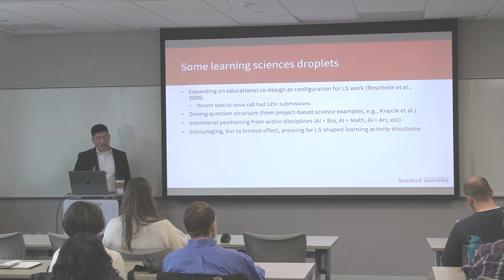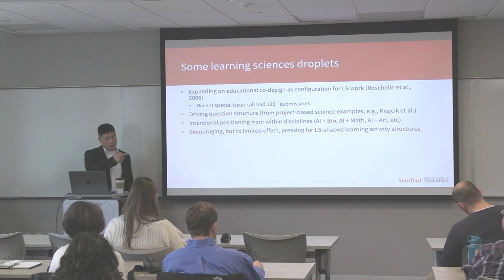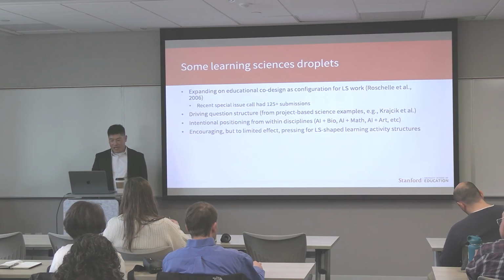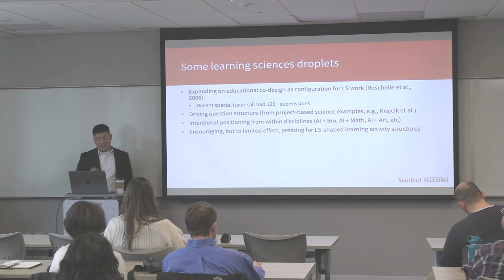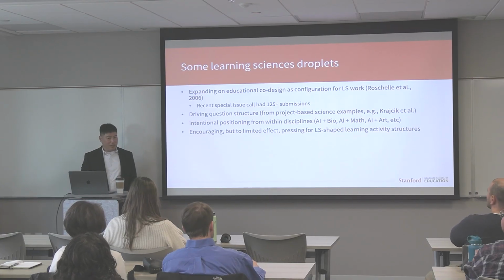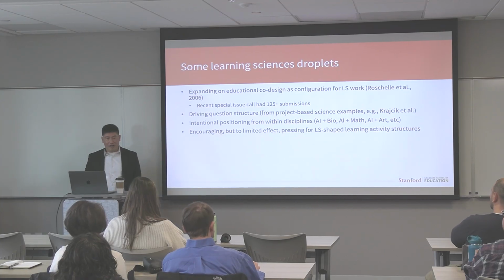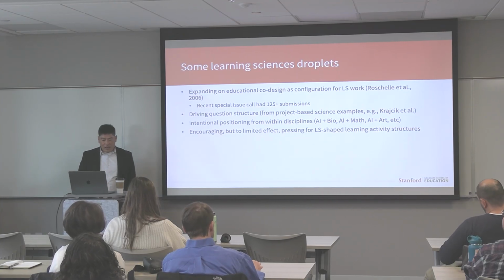There are things that we integrate also from learning sciences in this, driving question structure, which you also saw as part of Open SciEd. We intentionally position AI within the disciplines because we don't think there's pretty much any school, Alpha School included, that has time to just teach AI as its own subject, but rather you can teach about how AI is connected to bio, how AI is connected to math, how AI is connected to art.